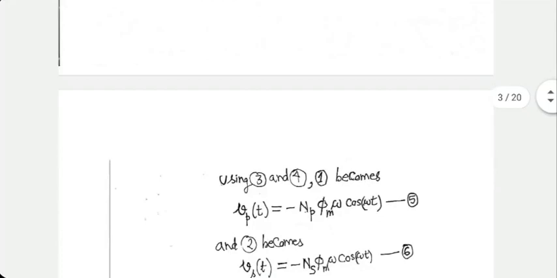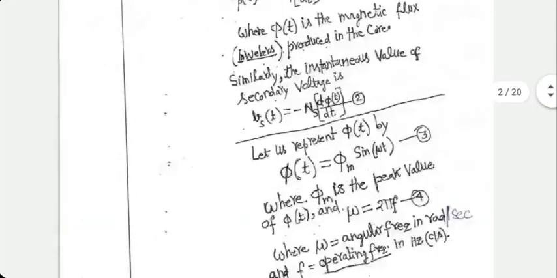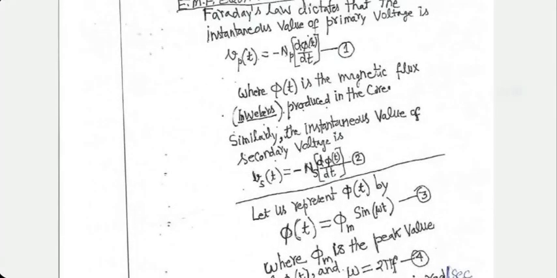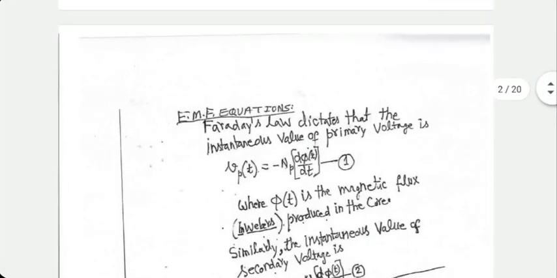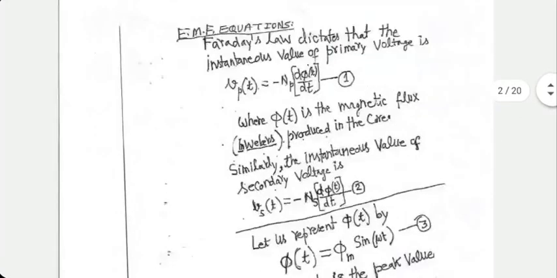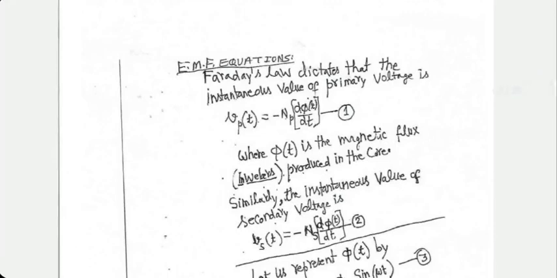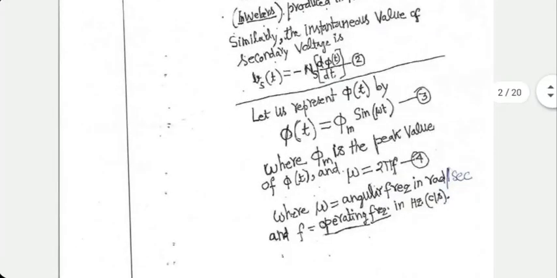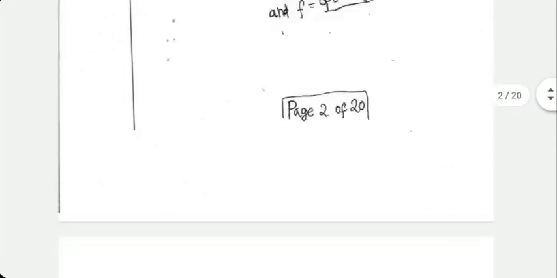So using 3 and 4 also, which is omega equal to 2 pi f, in equation 1, I get vp as a function of time as minus Np d phi by dt. So phi m will come out, and d by dt of sine omega t will become cos omega t.